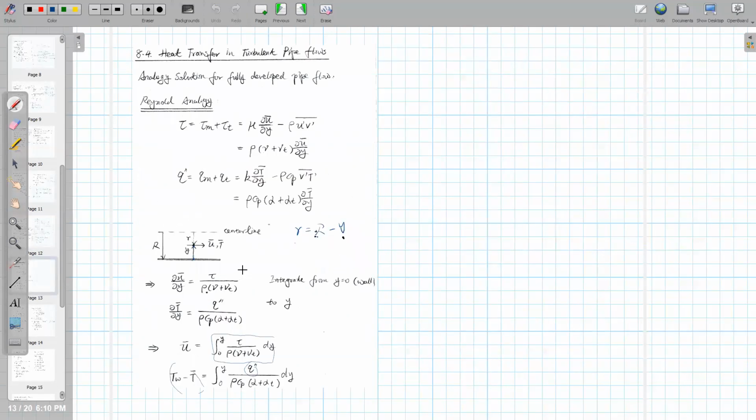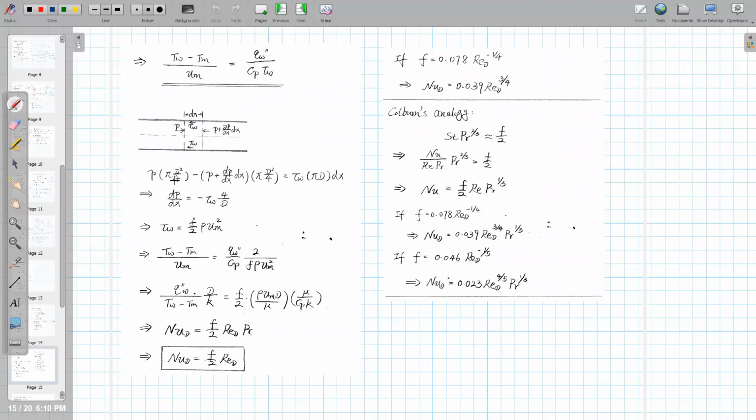Bring this dP dx into this correlation here, you can get the correlation between tau W and F. Basically, tau W will be F over 2 times rho u m square. So by this correlation, you can replace tau W with the friction factor.